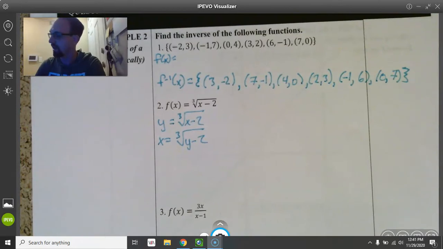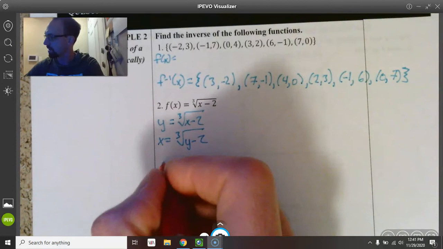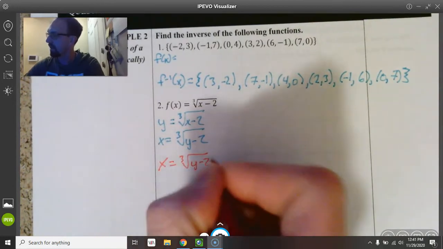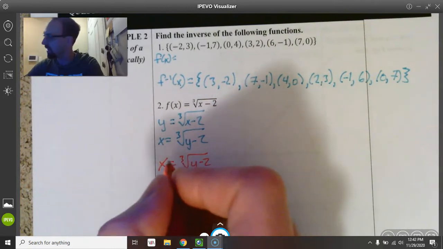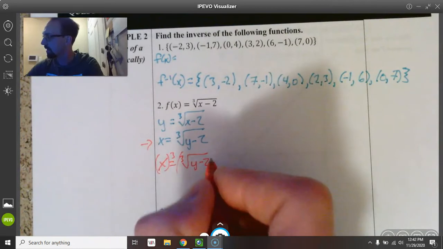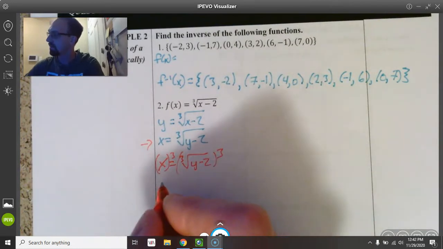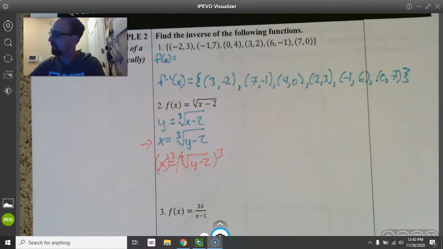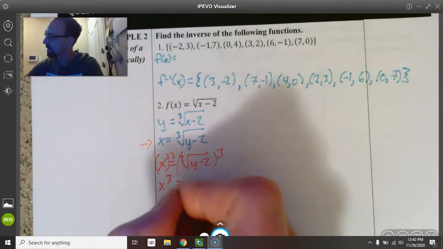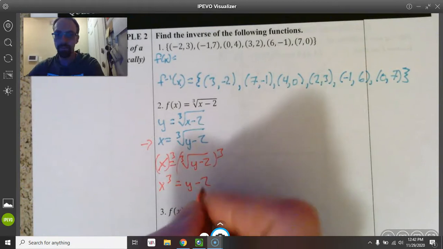What I usually do, to show my steps, is rewrite this one here after I swap. I rewrite it again. And then when I cube both sides, it's easy to see exactly what happened when the swap occurred. So this gives me x cubed equals y minus 2.